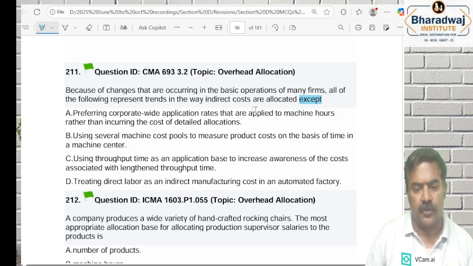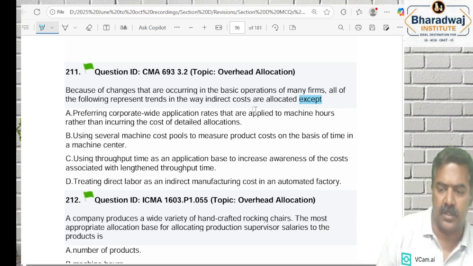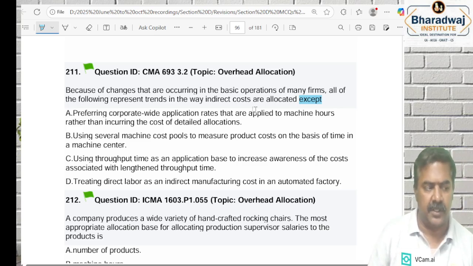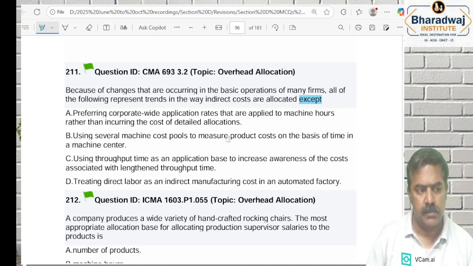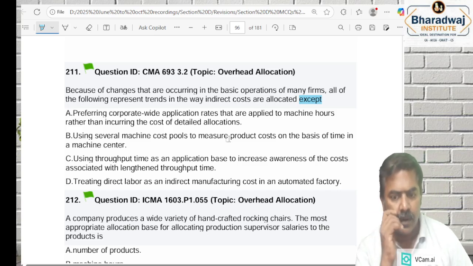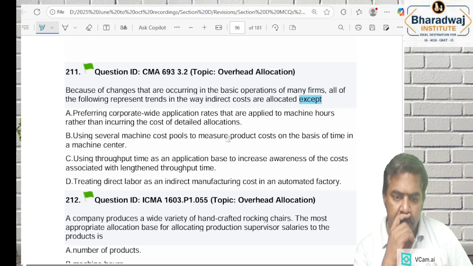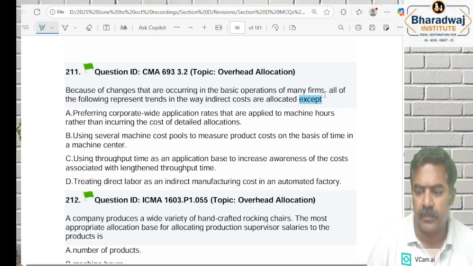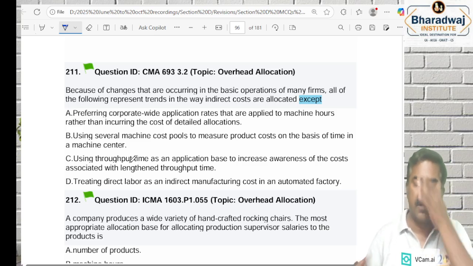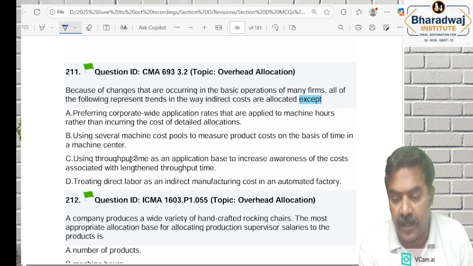All of the following represent trends in the way in which indirect costs are allocated, except which one? Throughput time is the processing time.